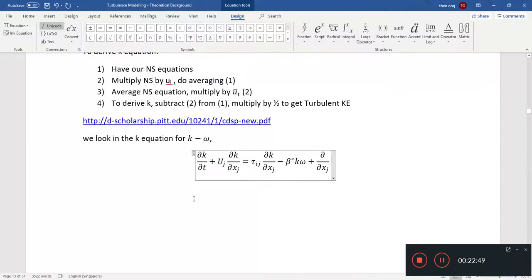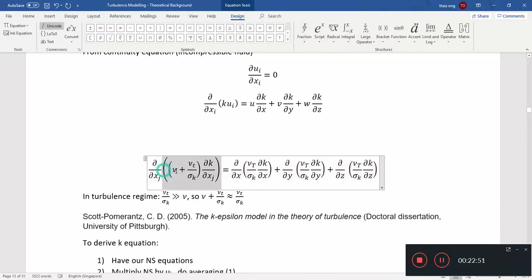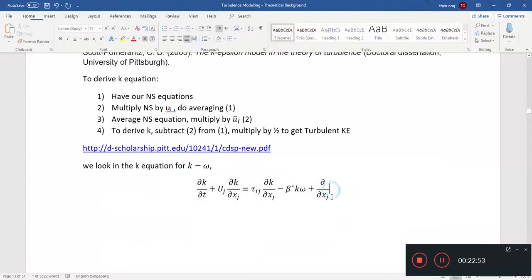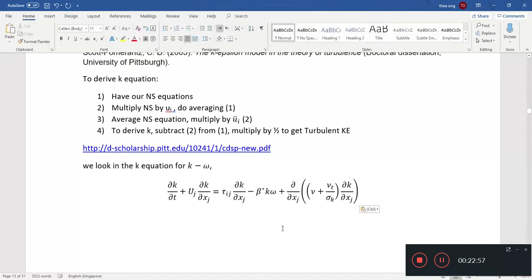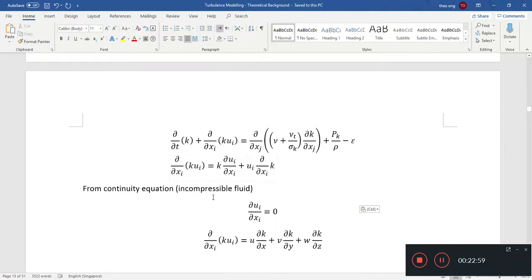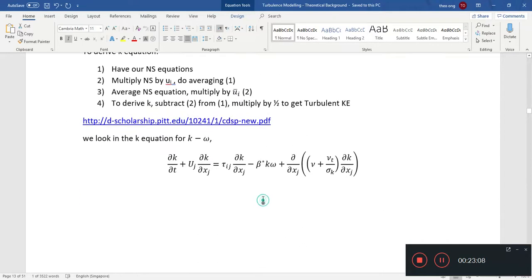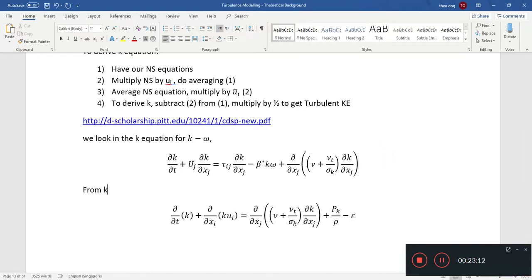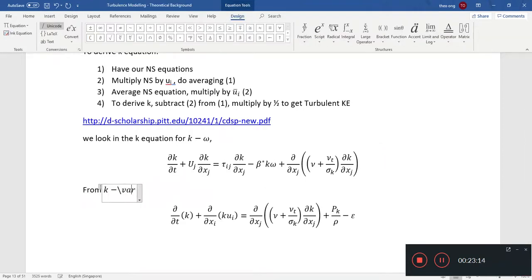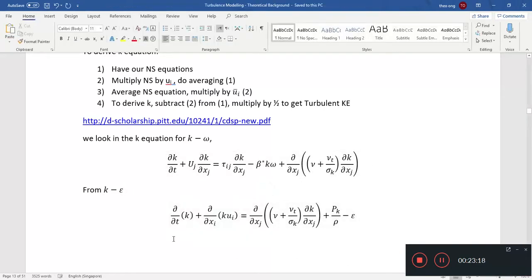Then I'm just going to copy and paste because this is pretty much the same. Not going to waste time. So again we can compare term by term. What's the physical meaning of this? This is the K from the K-epsilon model. So we can see immediately there's some resemblance.